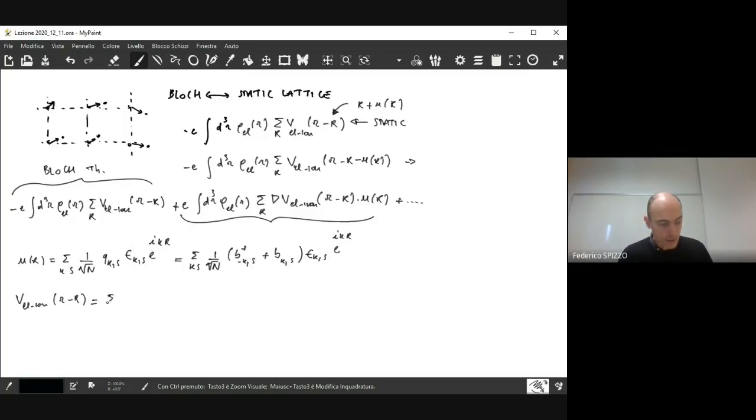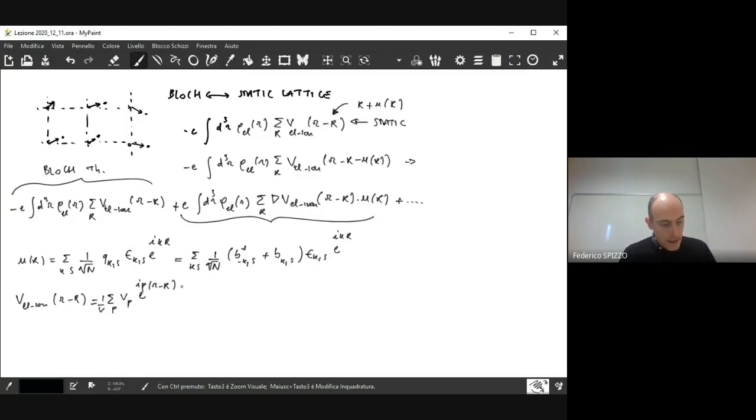So this is equal to 1 divided by the volume, sum over P, Vp, the Fourier transform of the interaction potential corresponding to wave vector P, e to the I P times R minus R.